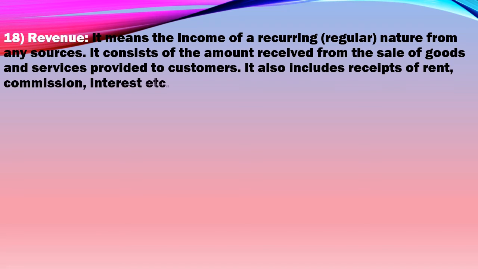It also includes receipts of rent, commission, interest, etc. So here revenue is the income that you get from regular sources, like from the sale of furniture, your furniture dealer, from sale of clothes, your cloth dealer, sale of stationery items, you have stationery shop, or the service you provide, like we have various kinds of service which is provided to the customers, and from there you earn a regular income from these kinds of regular service or goods that you sell in the market.